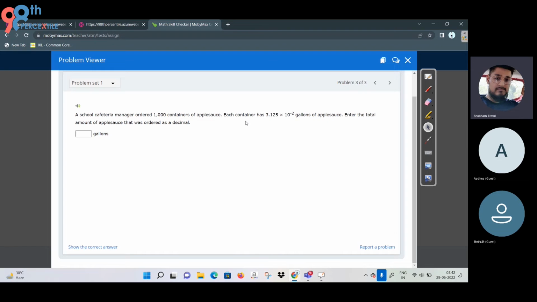A school cafeteria manager ordered 1,000 containers of applesauce. Each container has 3.125 times 10 to the power negative 2 gallons of applesauce. Find the total amount of applesauce that was ordered as a decimal.